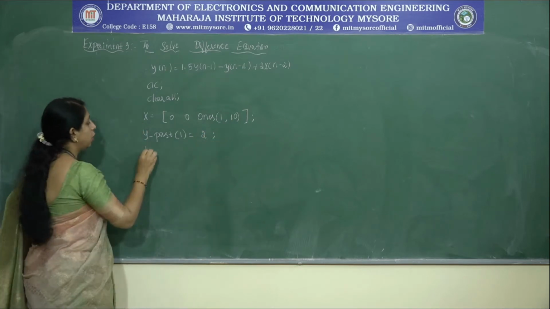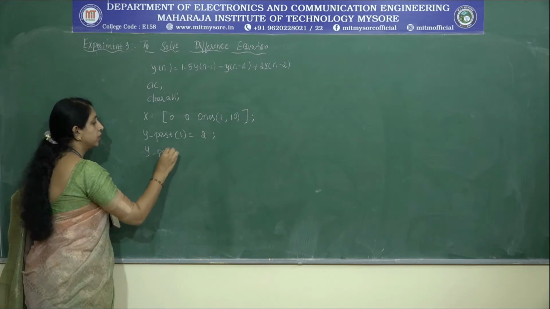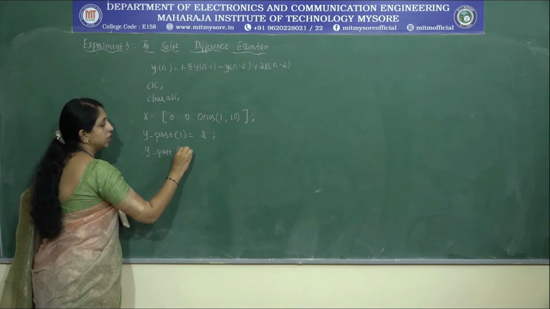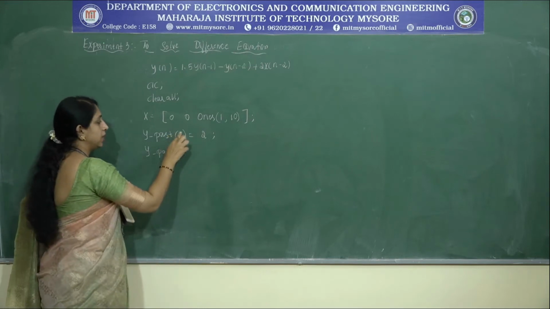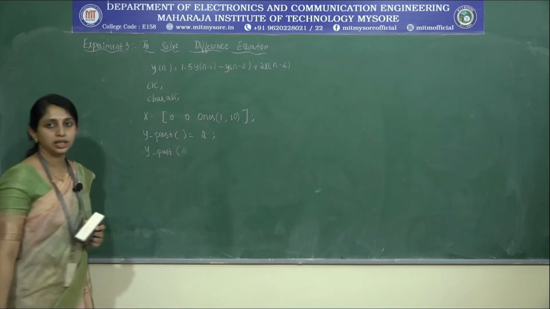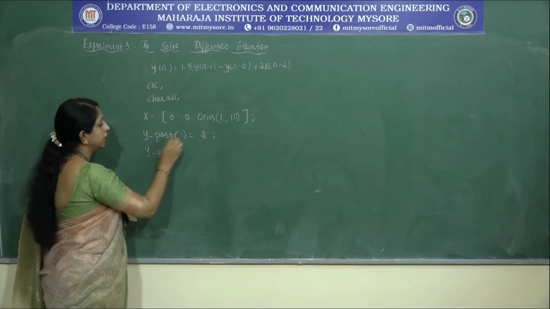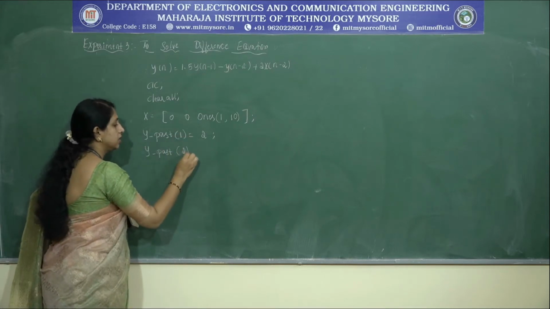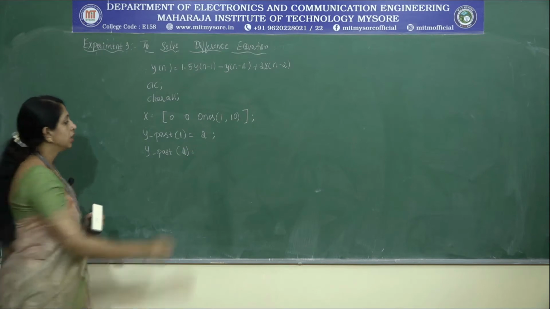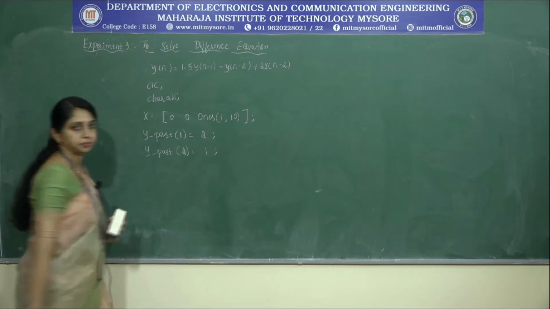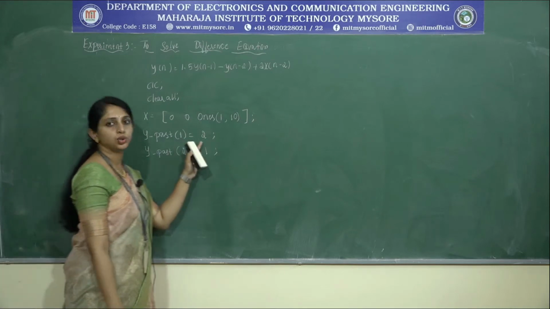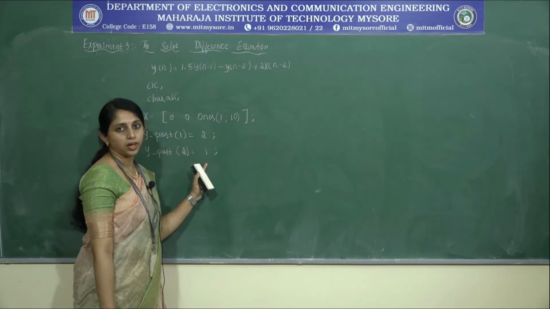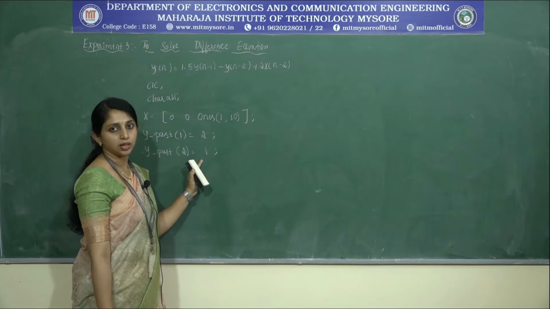Then y past of 2, which is 1. So 2 and 1, the two past values we have considered. One is 2 and another one is 1. So these are the past values.